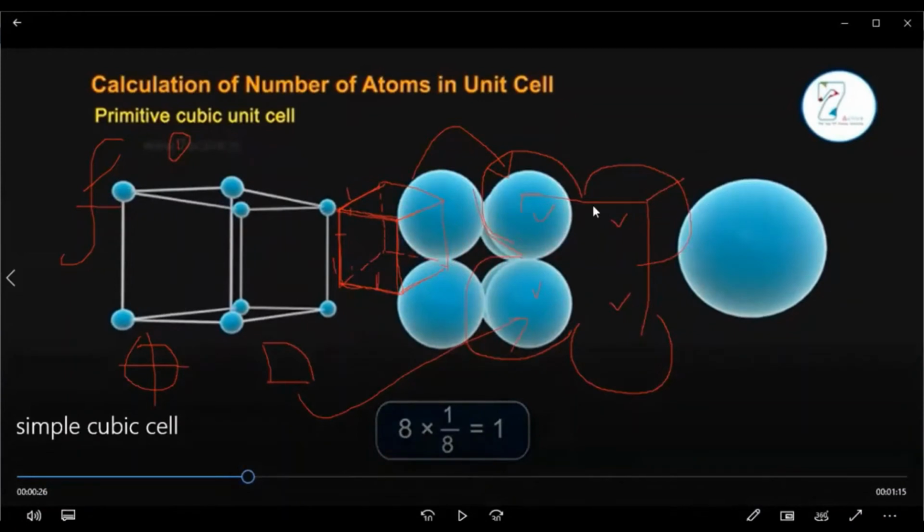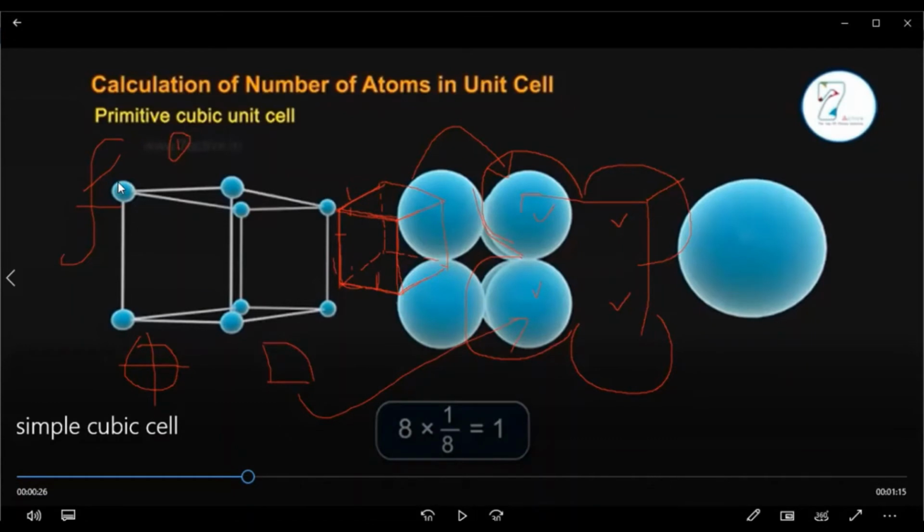So actually in this cube, the volume occupied by all these 8 atoms is the volume of one atom, right? 4/3 pi r cube.